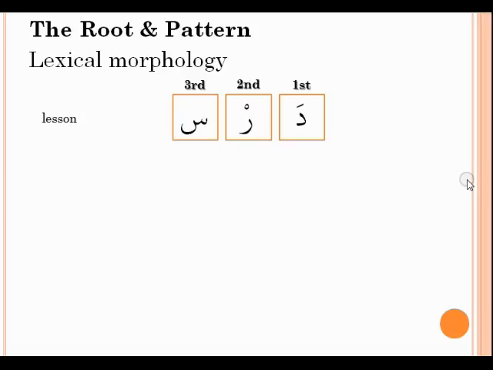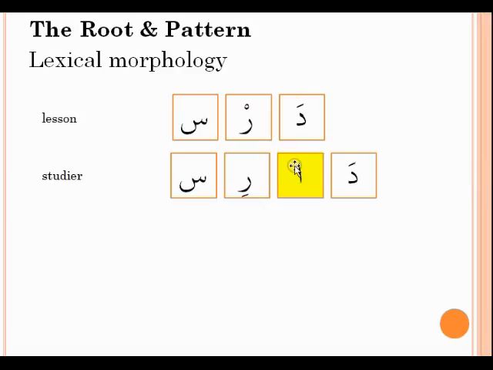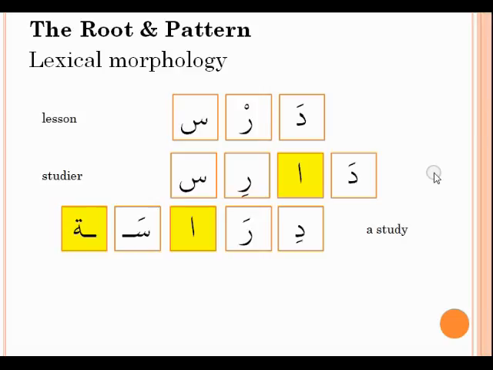Let's create another word by injecting an extra letter, an alif, after the first letter, and changing the marks. So this word reads daris, the studier, the person who studies. Let's create a new word. This word reads dirasa, a study or studying. This is a verbal noun here with an alif in the middle and the ta in the end.